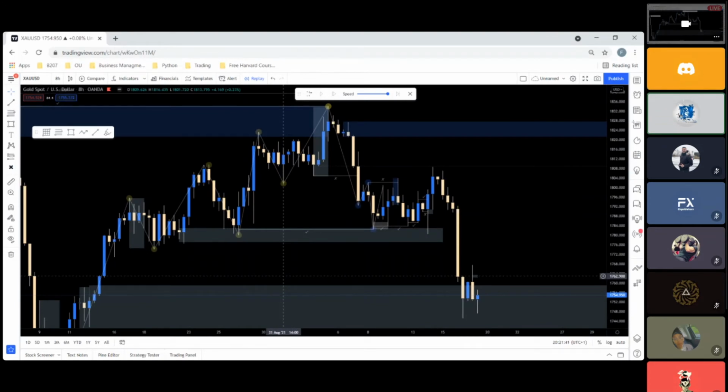And if you can follow structure, your structure breaks, your tests, where they happen at certain levels, like what we're noticing. I noticed that gold likes to go to 50% or more. Yeah, gold likes to do that, and that is one key part of my entry criteria too.